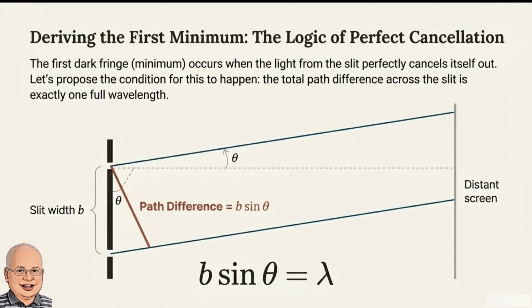Now, how does that occur? Let us propose the condition for this to happen. The condition, as we have discussed, is that the total path difference across the slit is exactly one full wavelength, or lambda. So that phase difference is pi by 2 or 180 degrees.